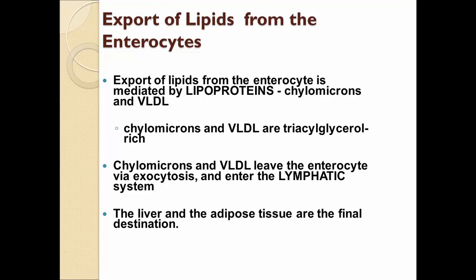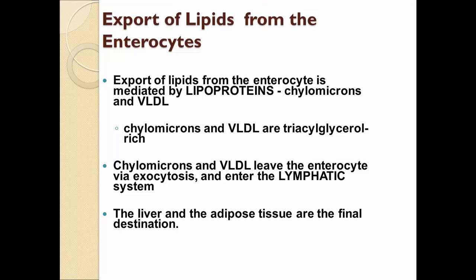So you cannot freely transport them in the circulation. You need something to help lipids be transported between tissues. So lipoprotein is the system. The main function of lipoprotein is to help transport lipids between tissues.